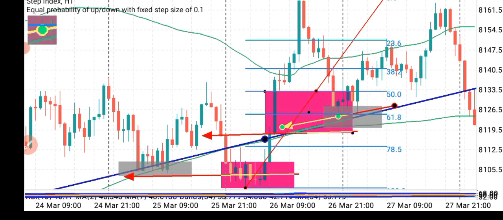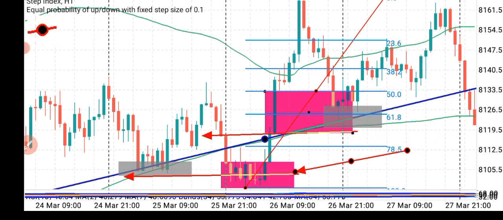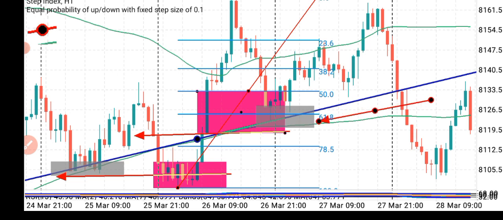It filled up this imbalance, it is around the level of 61.8 and also is on our trend line, and then we make our entry to the upside. Alright, so this is how to identify breakout and trade breakout.